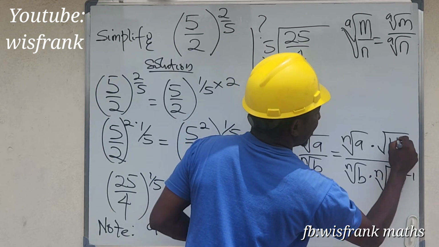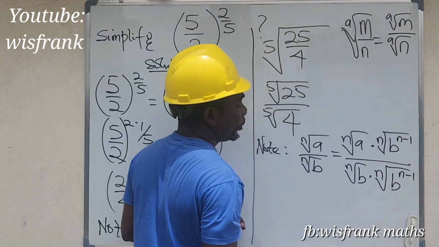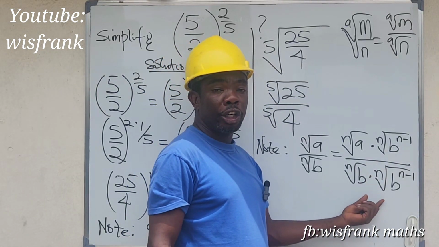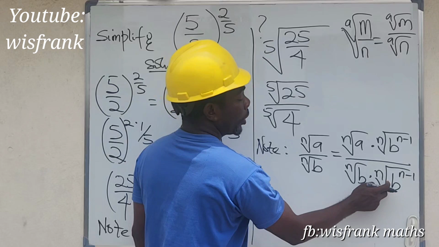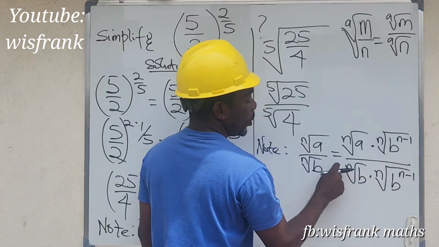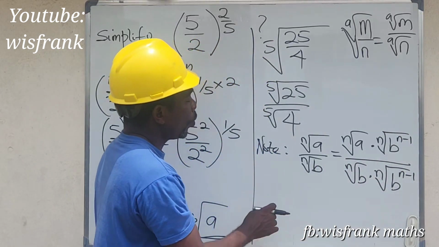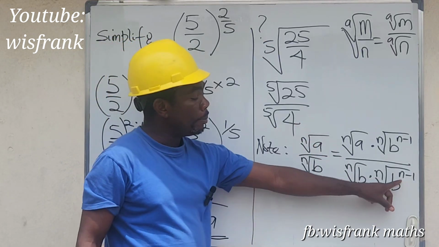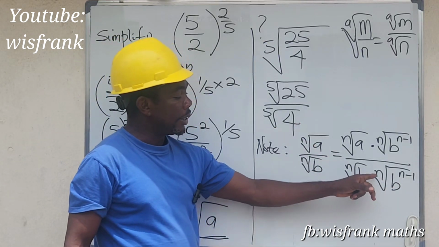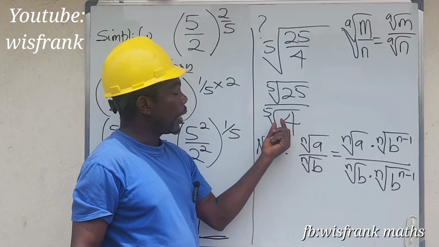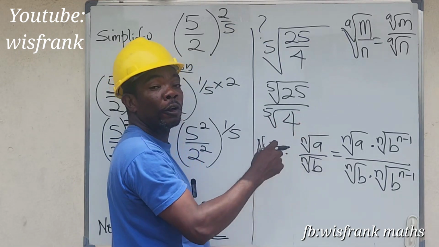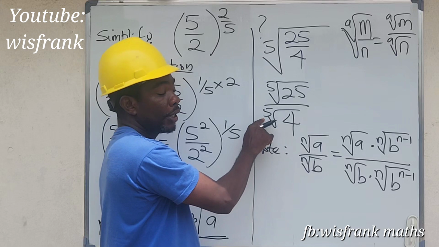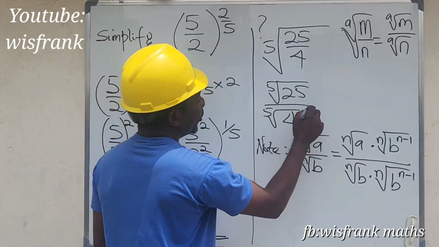What we do to the numerator is what we do to the denominator. So if we cancel this, we are left with this. The essence of putting n minus 1 in that place is that n is going to be 5, so that we can have 4 raised to the power of 1 all over 5, so that it can cancel this 5. Let's see how it's going to come out.